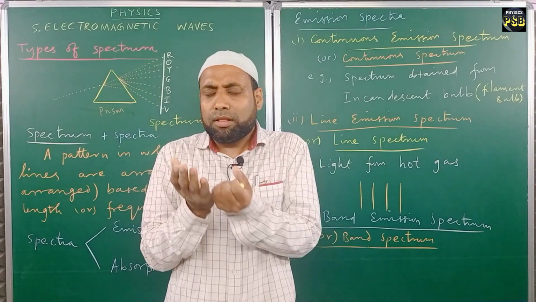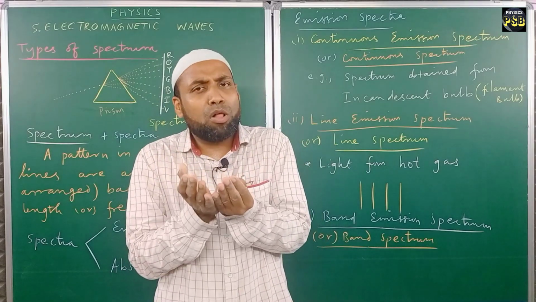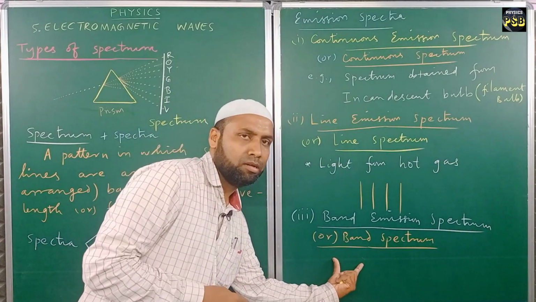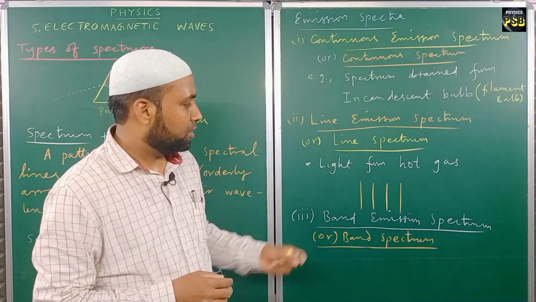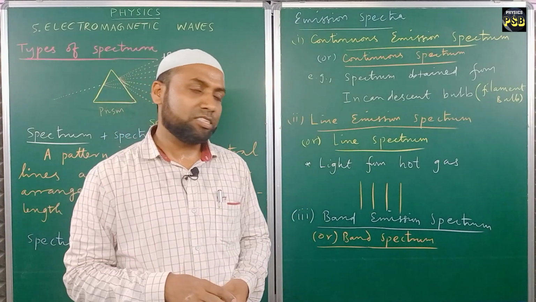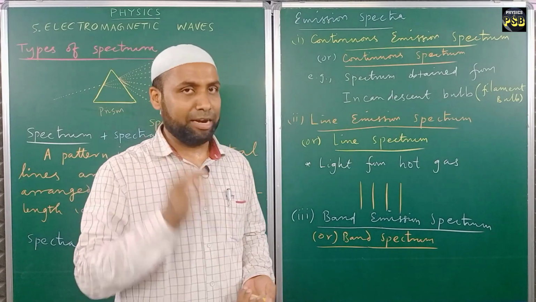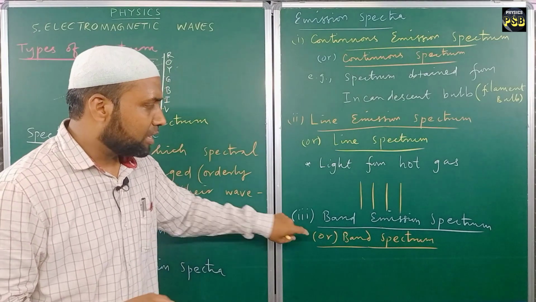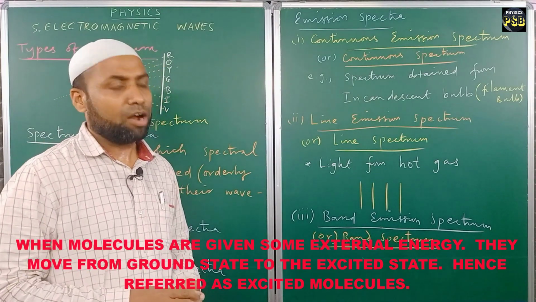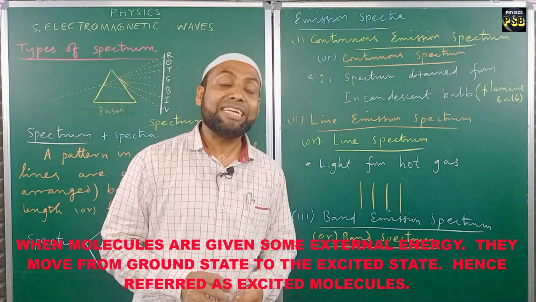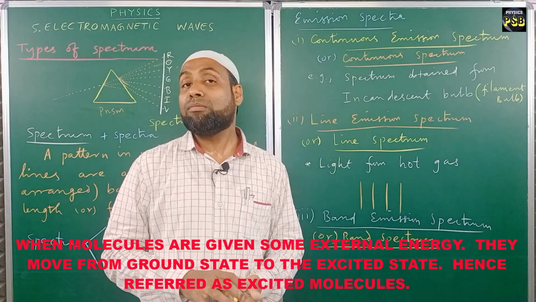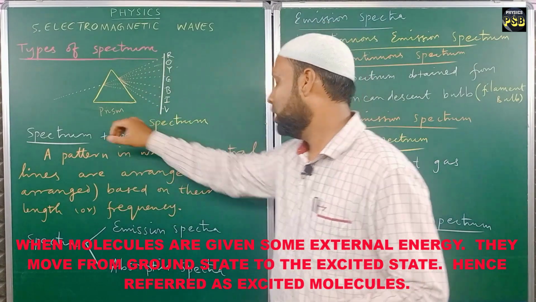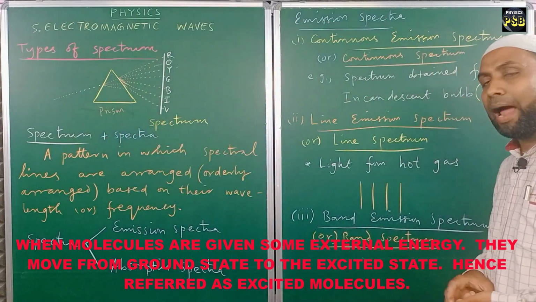Here the space between the spectral lines is so small that they appear as if they are in the form of a band. So this kind of spectrum is referred to as band emission spectrum or band spectrum. How do we get this? This kind of spectrum is obtained from excited molecules. When light from excited molecules is allowed to pass through a prism, we get a band emission spectrum.